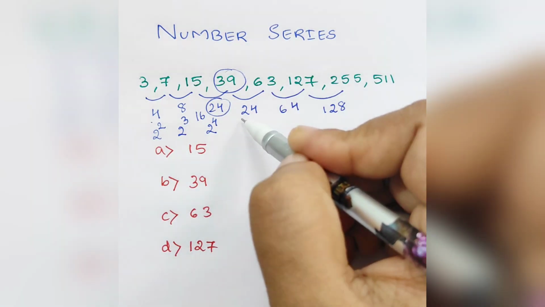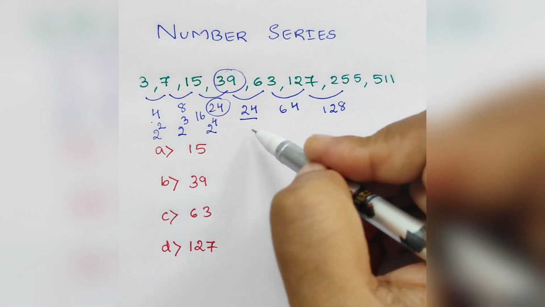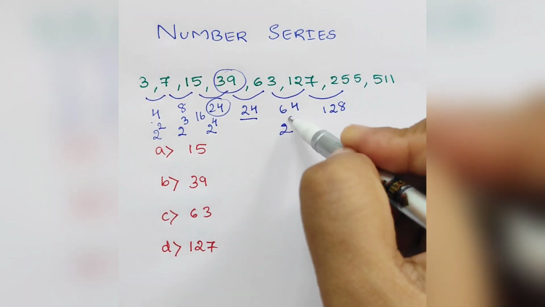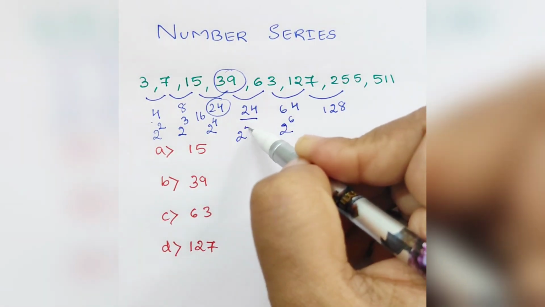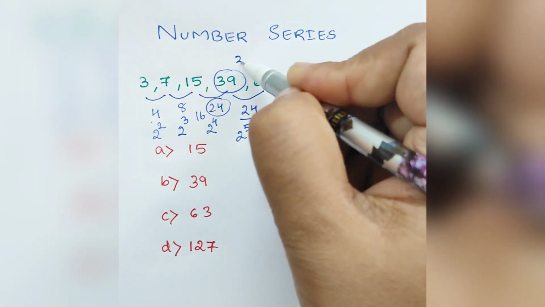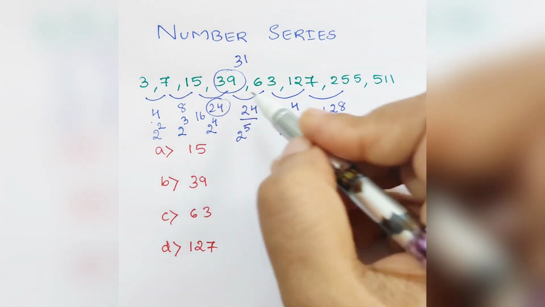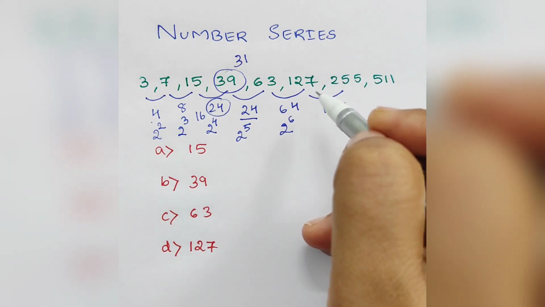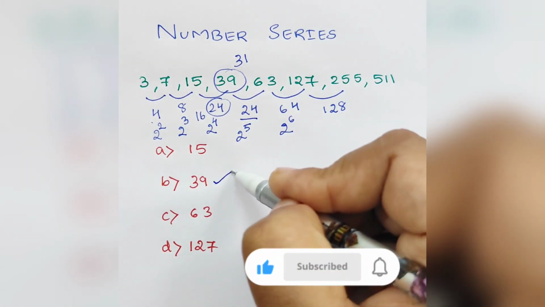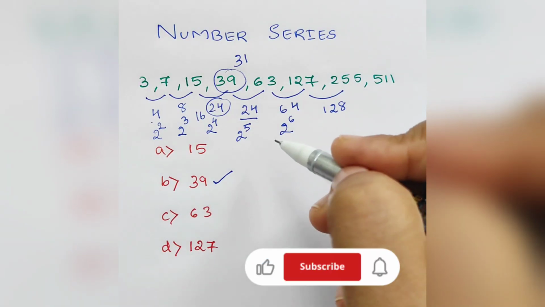So this cannot be written in the form of 2 raised to n. So this is 2 raised to 6. So here it should be 2 raised to 5. So here 39 should be replaced by 31 to get the correct form of the number series. So option B, 39, is the wrong number.